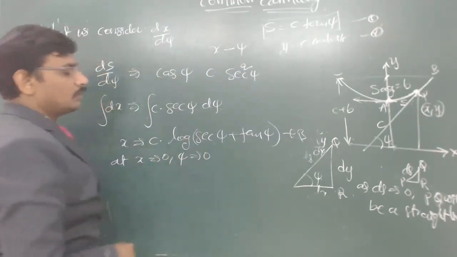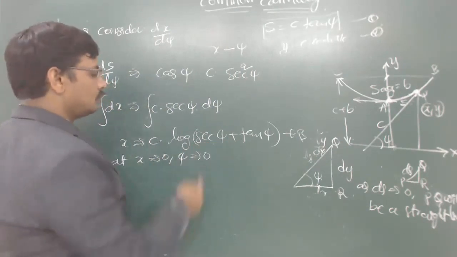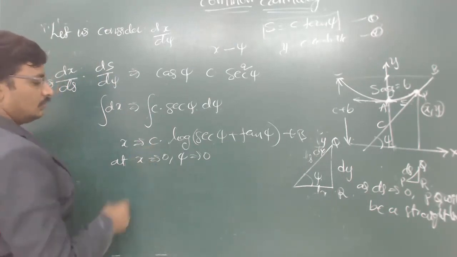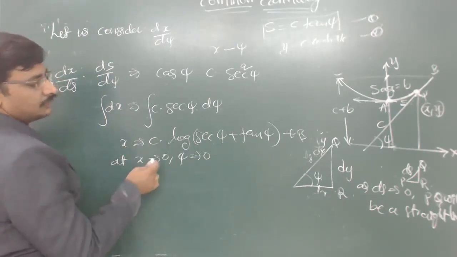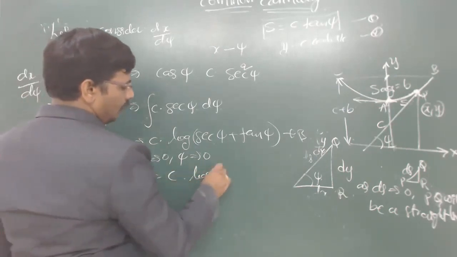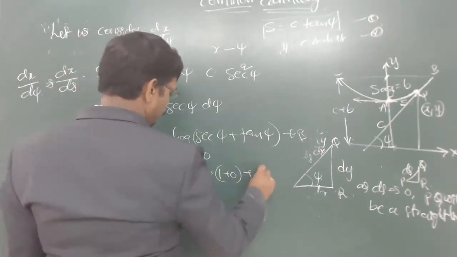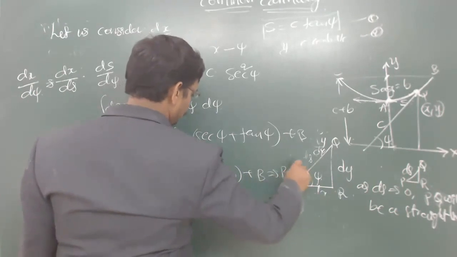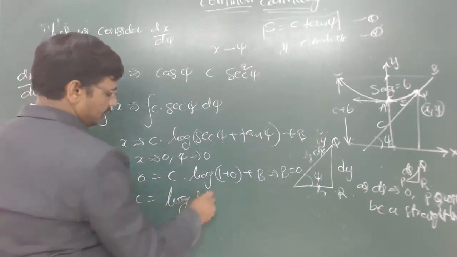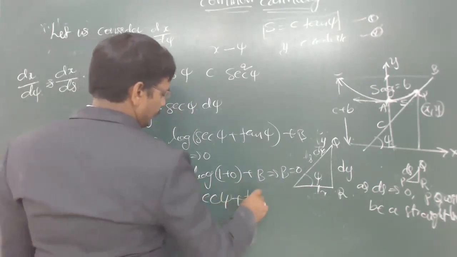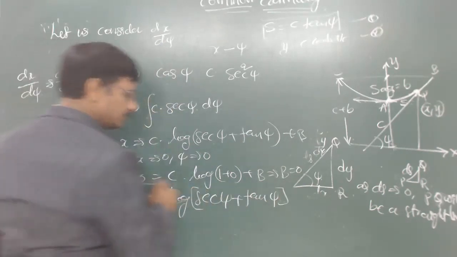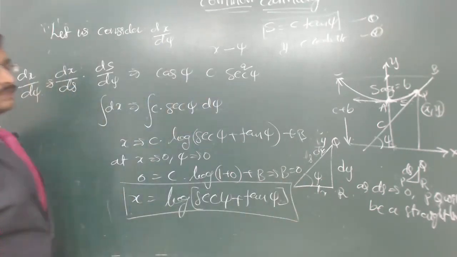If psi is 0, then secant psi is 1 and tan psi is 0, and log of secant psi is log 1, which is 0. So 0 is equal to c into log 1 plus 0 plus b. It implies b equals 0. So we have got the relation x is equal to c log of secant psi plus tan psi. So this is the relation between x and psi.